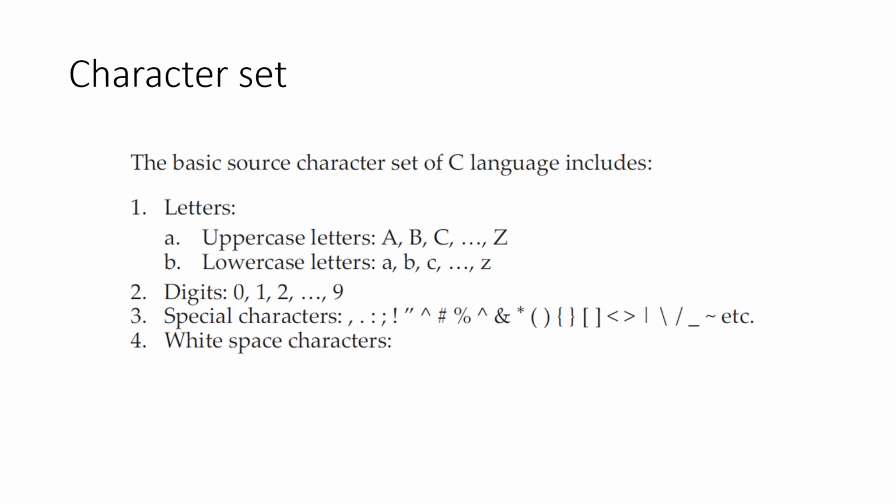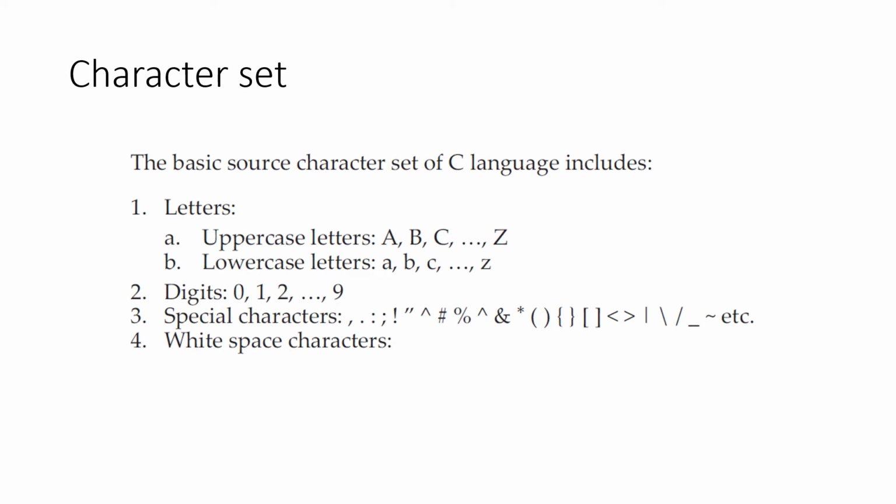To start with, you have a character set. Just like any other language, for learning a language, you need some letters. Just like that, for a programming language, you need to know the character set, which characters can be used for this programming language. First is letters: uppercase letters, capital letters A to Z, then lowercase letters, small letters a to z.